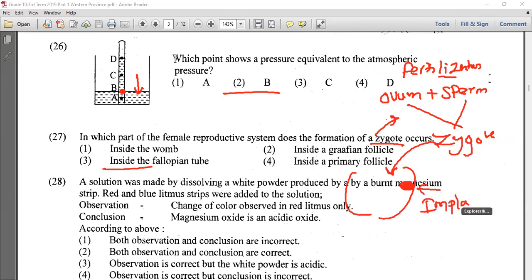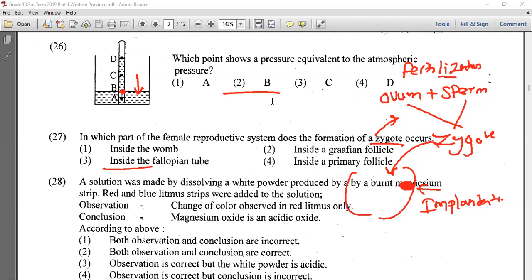That's different. What they ask here is where fertilization takes place, the fusion of ovum with the sperm. Where does it take place in the female human reproductive system? Inside the fallopian tube. Right.